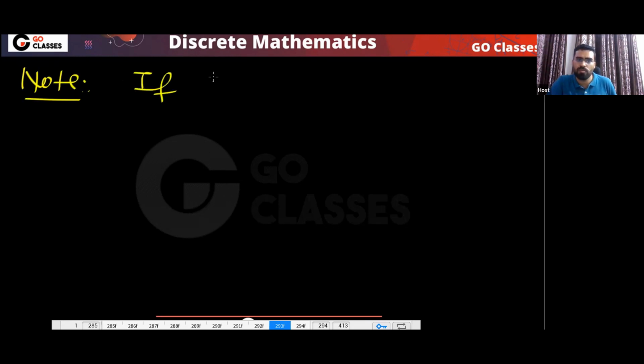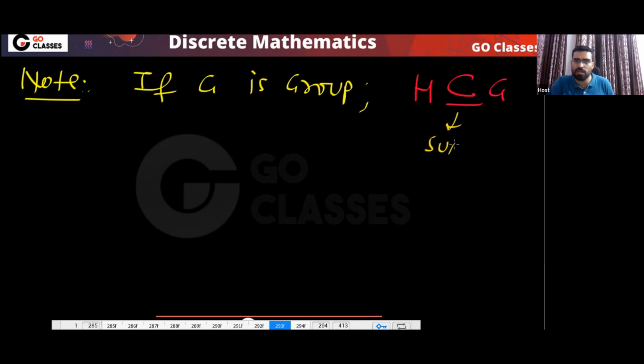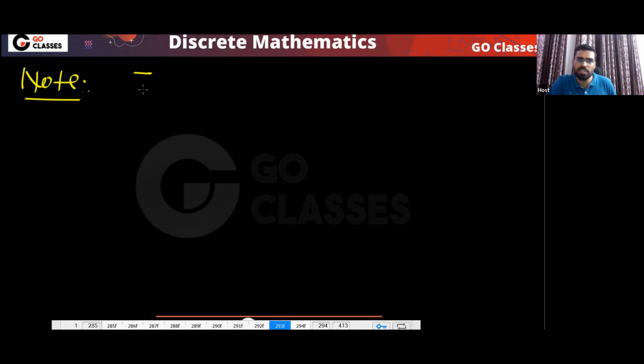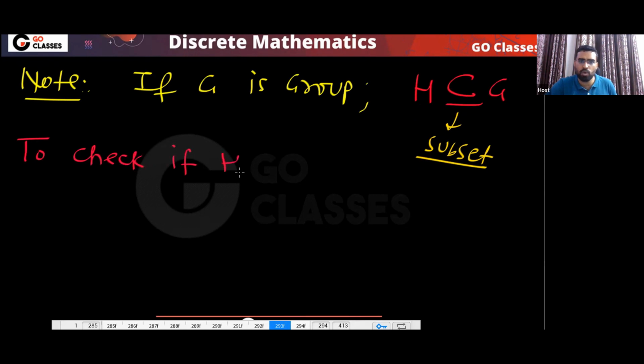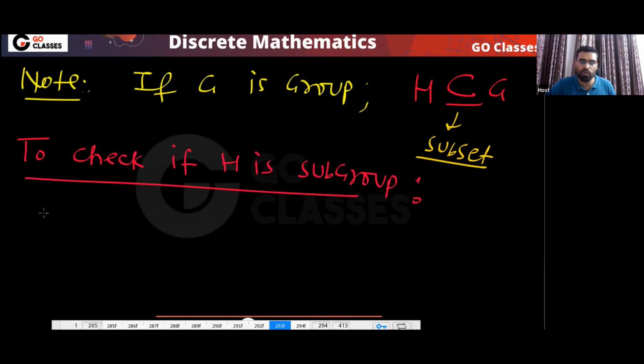Let's assume G is a group, and let's assume H is a subset of G. Remember, this is the symbol of subset. Now to check if H is a subgroup, what do you need?